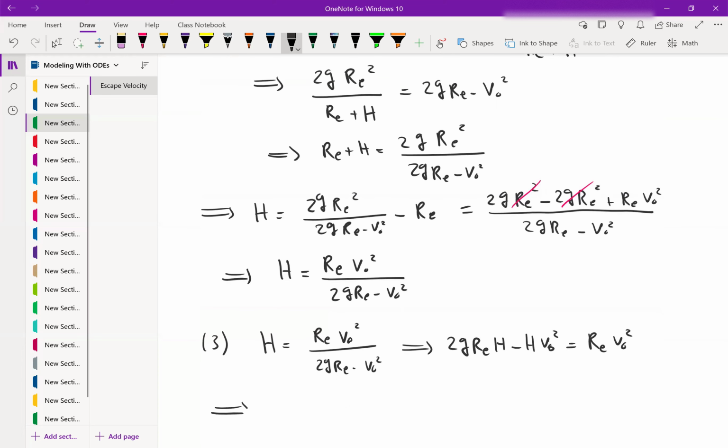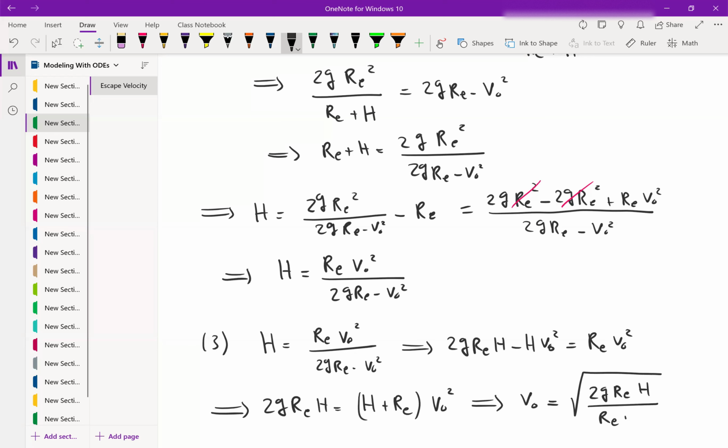And then I'm going to bring all the V0 squared terms to the right. 2GREH is equal to (H plus RE) times V0 squared. And that tells me that V0, which is necessarily a positive number because we are shooting the body upward from the surface of the Earth, is equal to the square root of 2GREH divided by RE plus H.